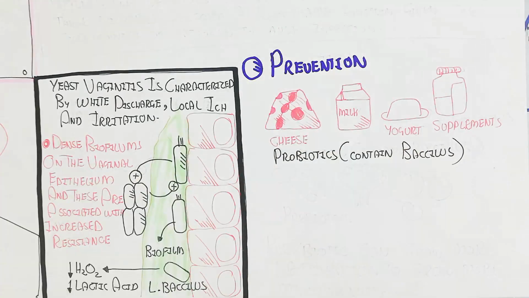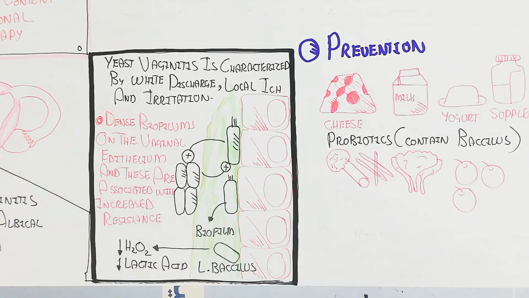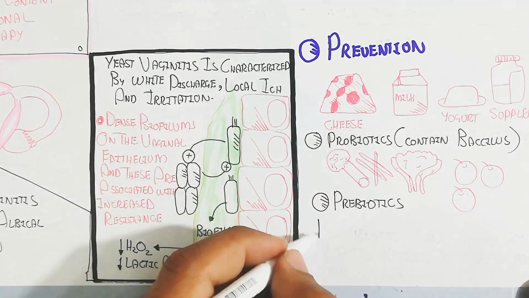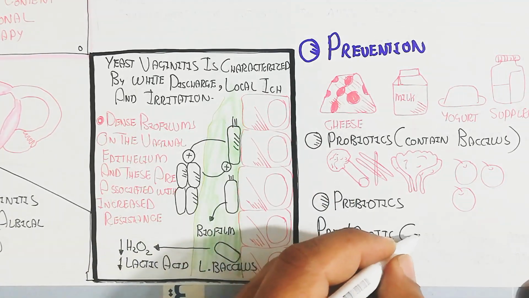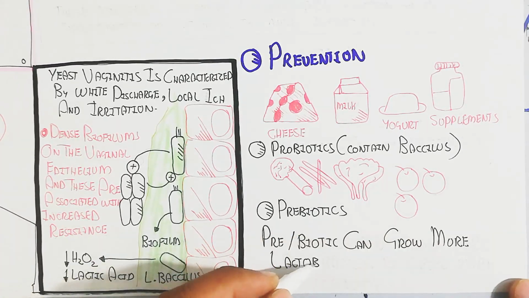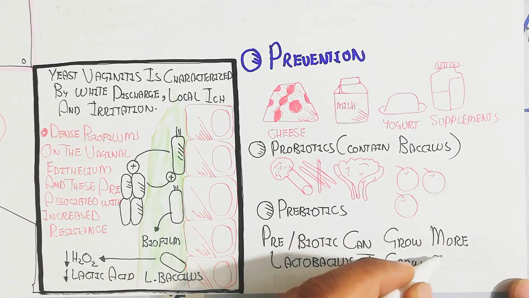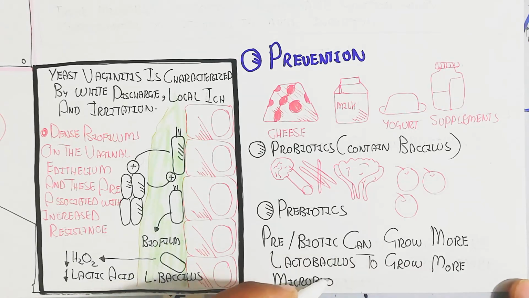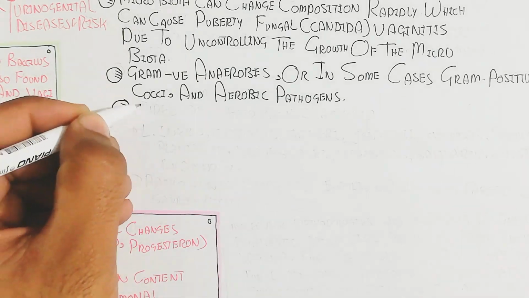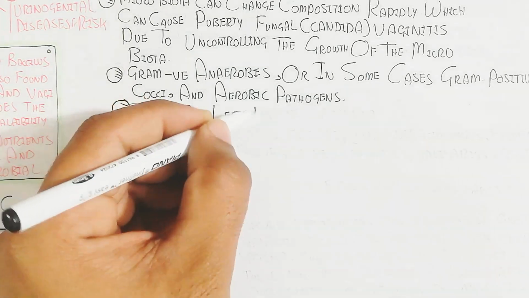These are the prebiotics, like yogurt, cheese, milk, and supplements. Probiotics contain bacillus, while prebiotic food can also help grow more lactobacillus and more microbiota. In this way, yeast vaginitis or vaginosis can be prevented or decreased.